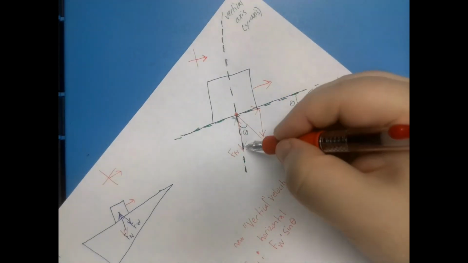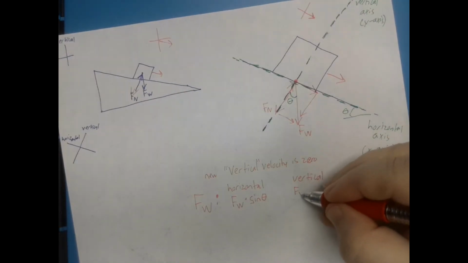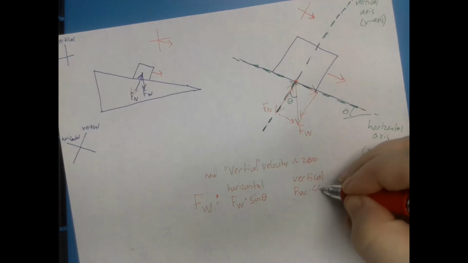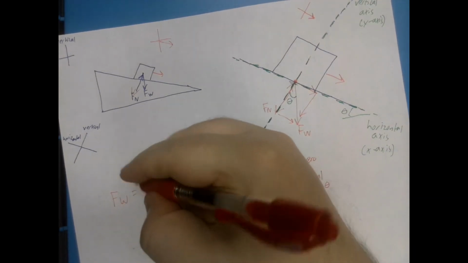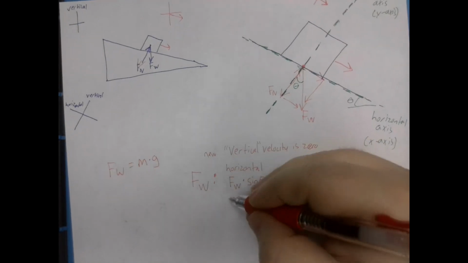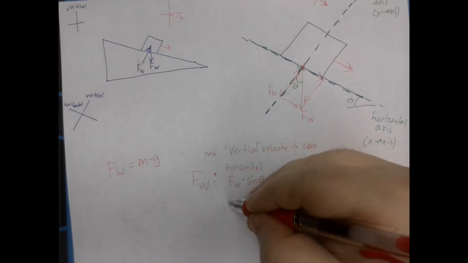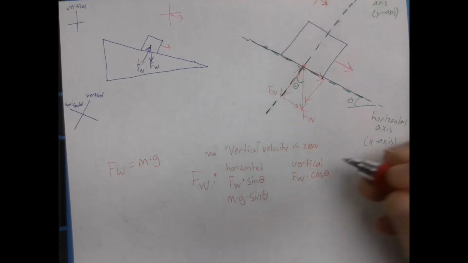And the vertical component is going to be Fw times cosine of theta. And Fw was just m times the acceleration of gravity g. So, in other words, that's m times g times sine of theta.